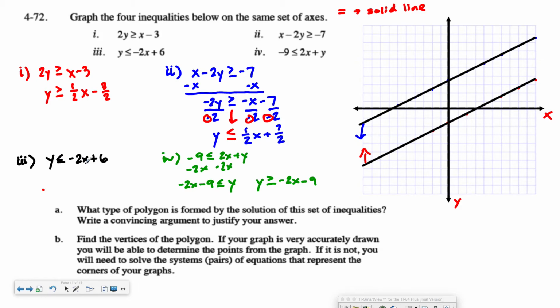y is less than or equal to negative 2x plus 6. So our y-intercept is 1, 2, 3, 4, 5, 6, right up here. And our slope is negative 2, so we're going to go down 2, right 1. Down 2, right 1, down 2, right 1.